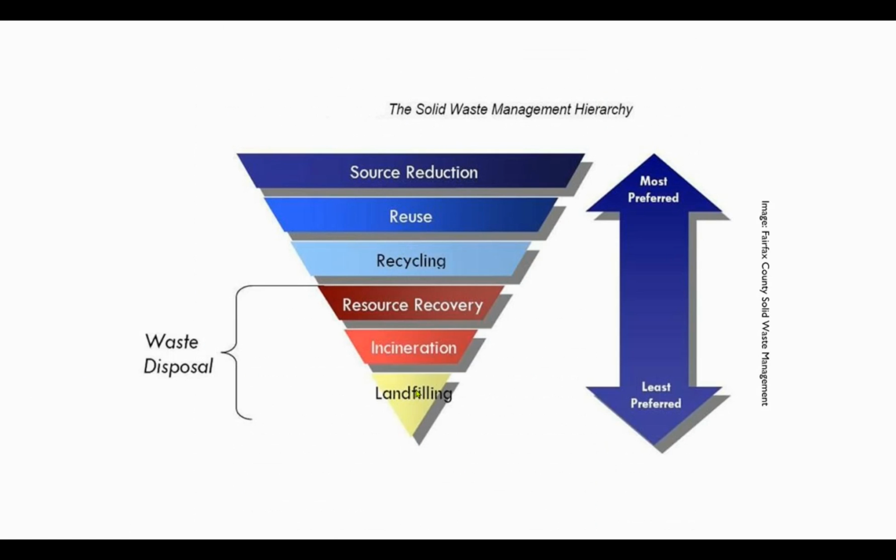But people nowadays use landfilling as the first option. Why? Because they don't want to go through some government process and all the things, because there is also a law and a guideline on how we can do waste management. So the upper things are most preferred, and these three, resource recovery, incineration and landfilling, are least preferred, but people are doing landfilling first.